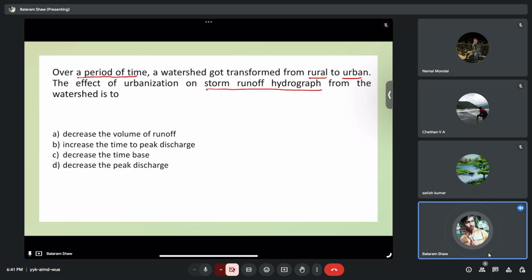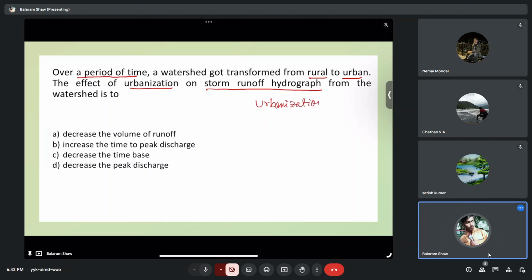Okay. So as I mentioned, the factors that are affecting the runoff that we have just studied in the last tutorial, or in the last week's lectures, will affect the runoff, and hence it will affect the runoff hydrograph, right? So if urbanization happens, how will it affect the storm runoff hydrograph?